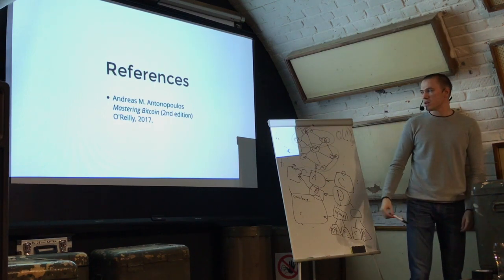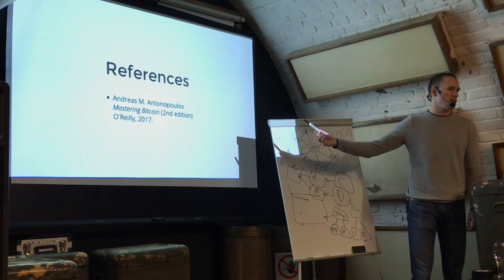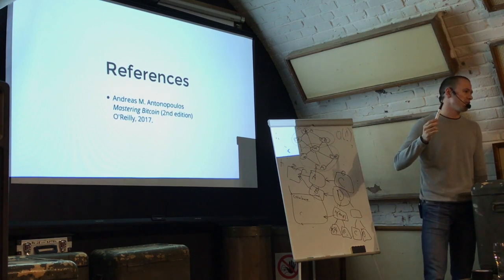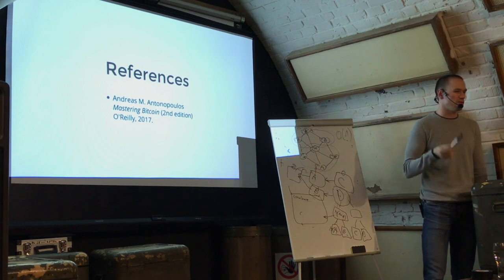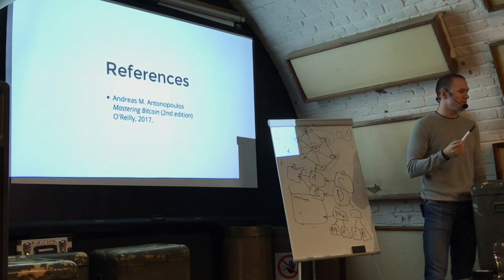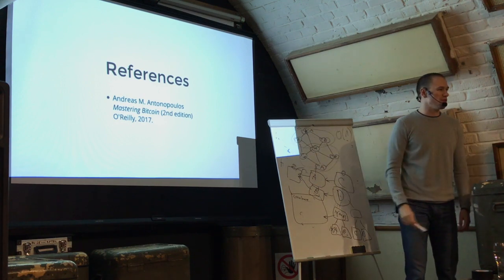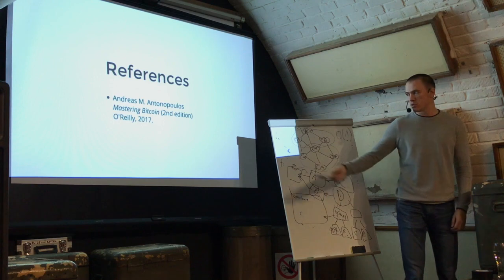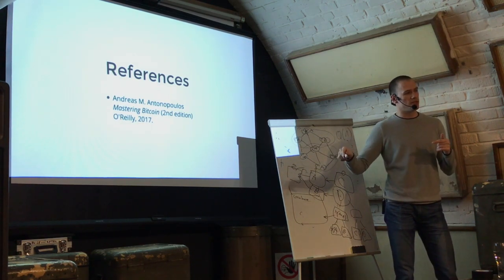I recommend that you read the latest 2nd edition, because it covers the Lightning Network and segregated witness. Some of you probably heard about it because it was in the media and stuff. So check out this book if you want. At least if you're not a technical person but want to know how it works, you can check out the first 3 chapters and they cover everything, and later he goes into details.